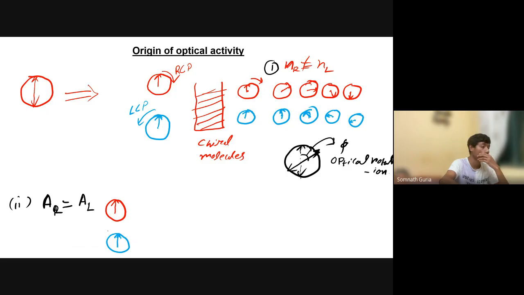Let's suppose my LCP is getting more absorbed than the RCP.